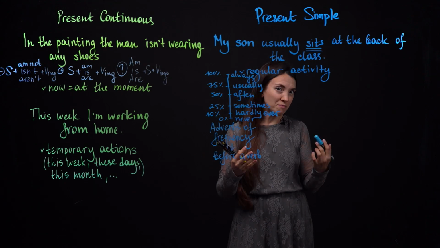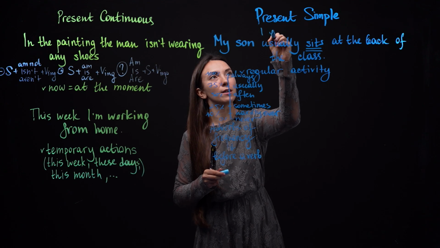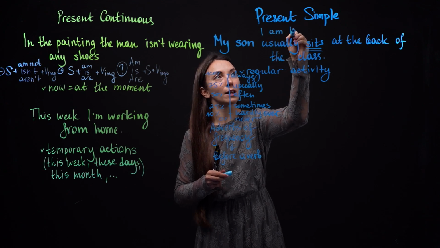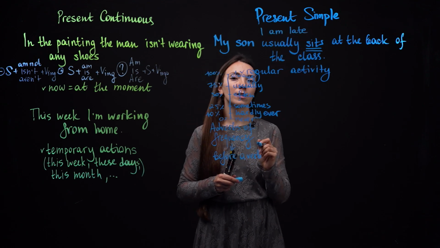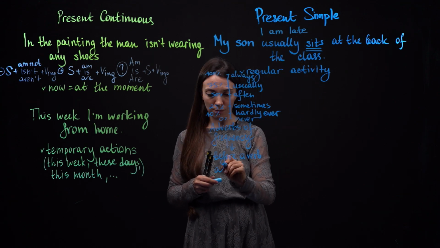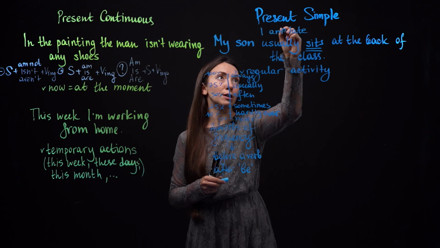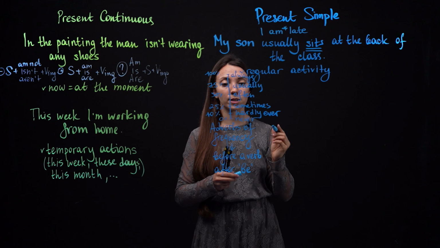If we have a be in the sentence, for example, I am late, we'll use it after be. For example, I'm never late.